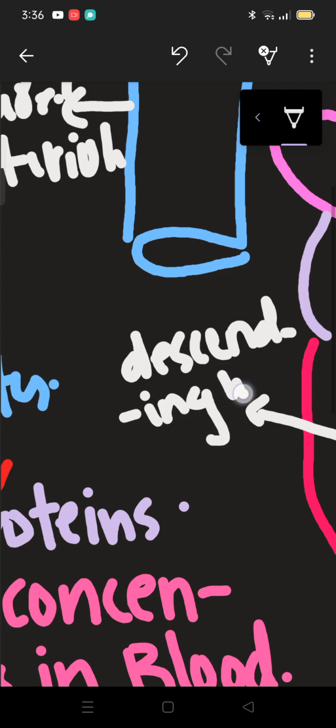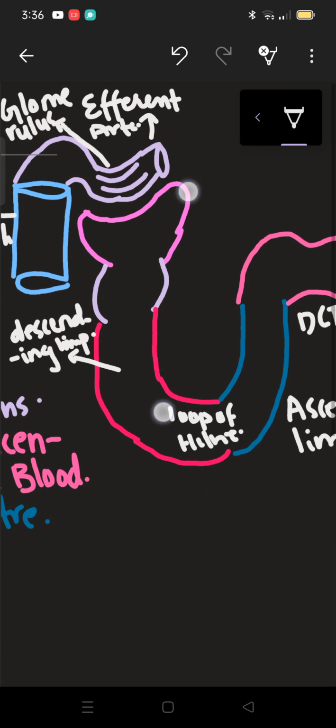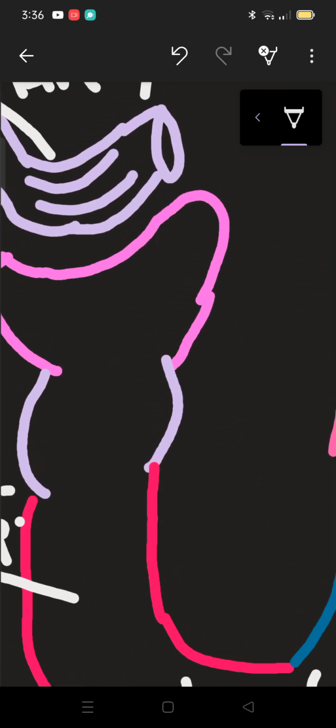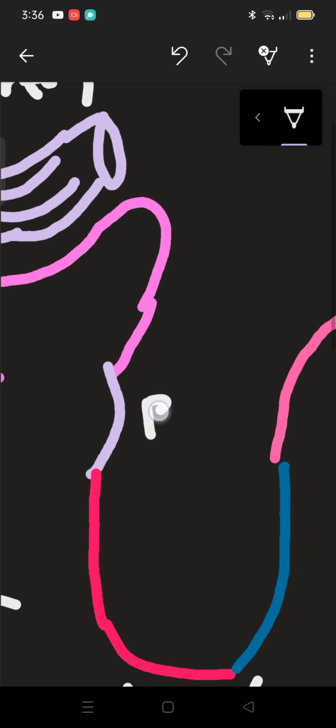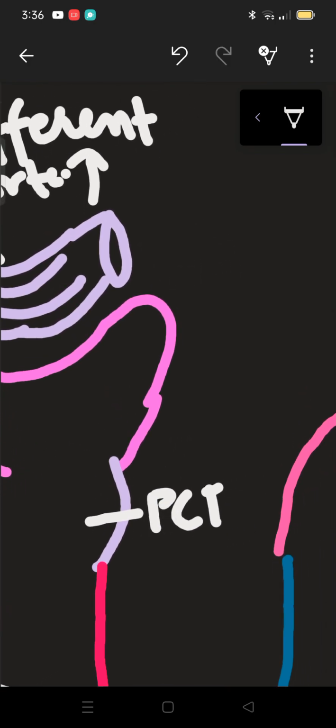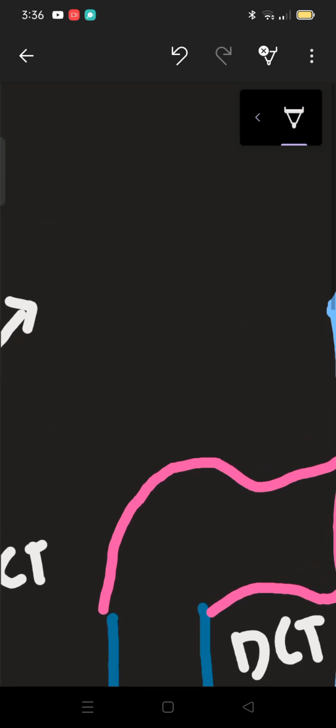I'm not writing here, but here I'm writing PCT. And here we have ultimately what? Bowman's capsule.